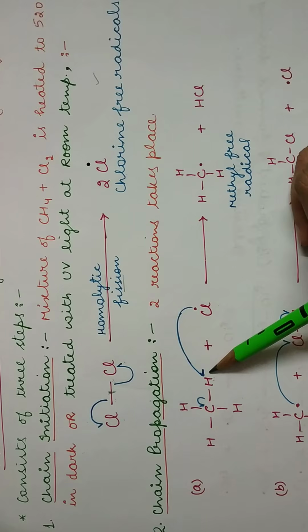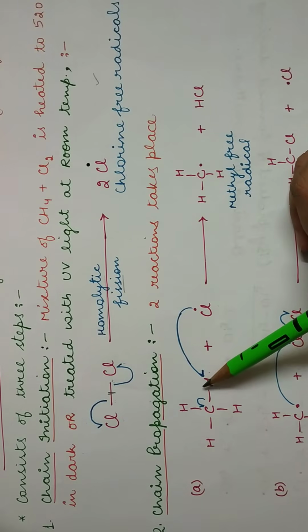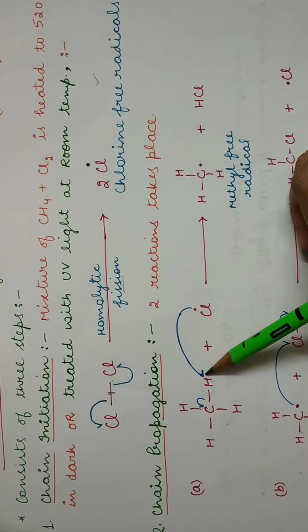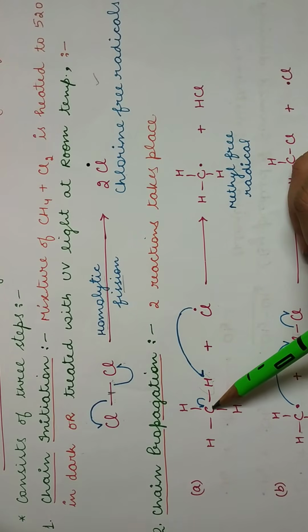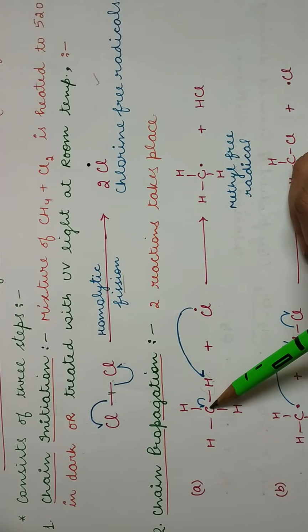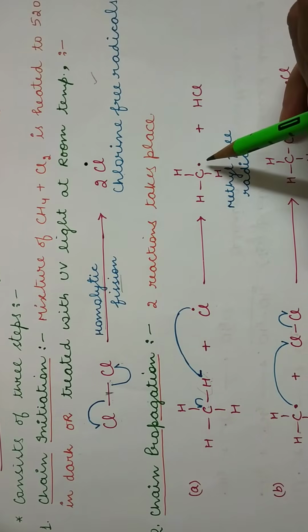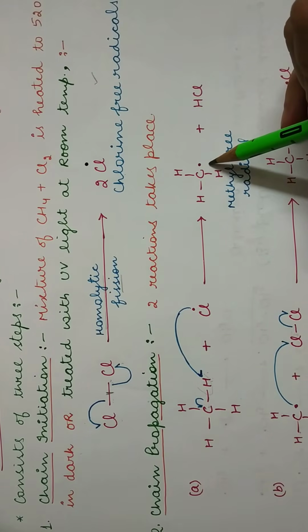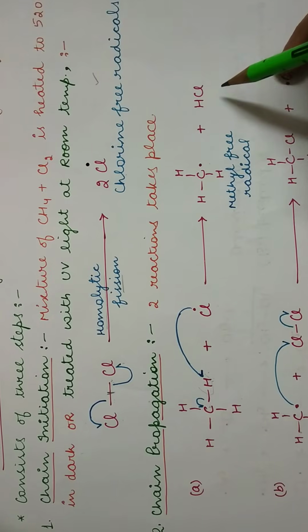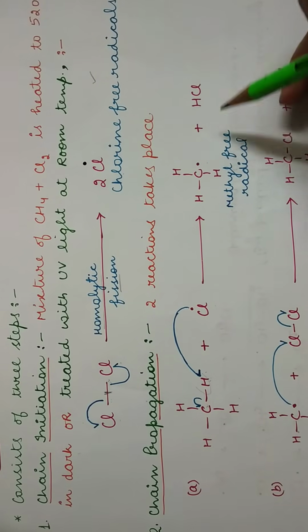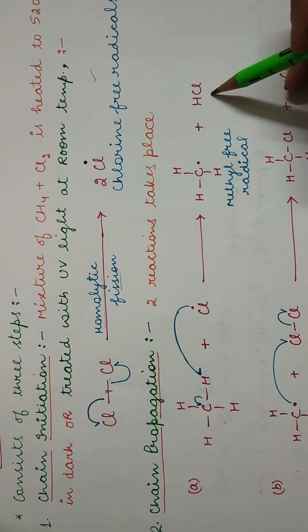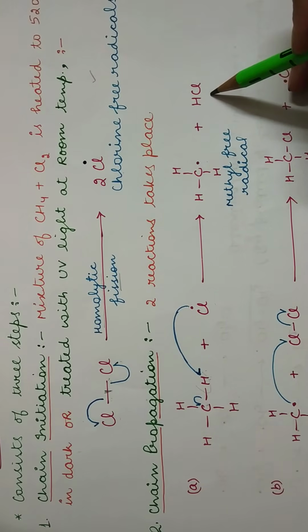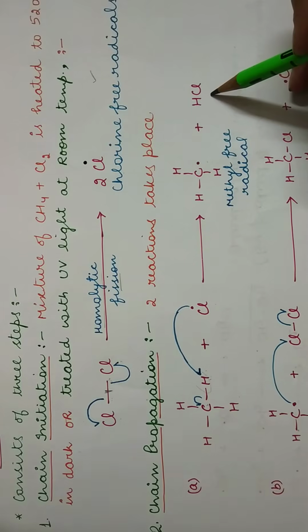When this chlorine free radical takes away this hydrogen with its one electron, one electron will be transferred to this carbon, and it will be converted into a methyl free radical, while the H and Cl will be removed as hydrogen chloride in gaseous form that keeps getting removed out of the reaction mixture.